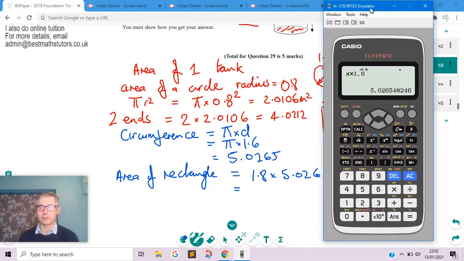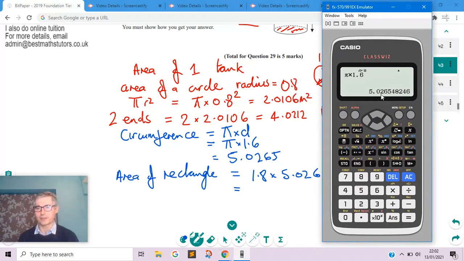It's always really useful to use the answer button on your calculator, or just a figure that you've got there. So I'm just going to go times by 1.8. One of the advantages of doing that is that we're not introducing any errors at this stage. We're not doing any rounding up.